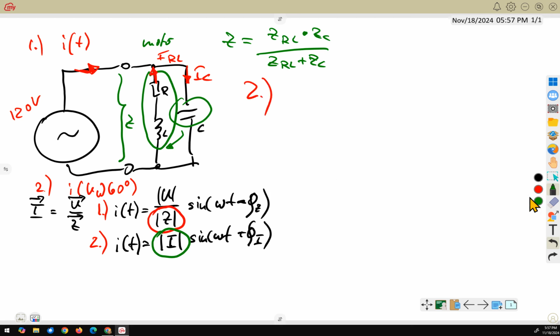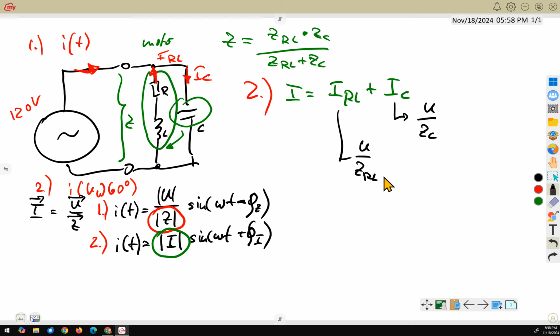We need the total current, which is the current through the RL branch plus the current through the capacitor branch. What is the capacitor current? It's again Ohm's law. It's the voltage divided by the impedance of the capacitor. Similarly in the RL branch, the current is the voltage divided by the impedance of the RL branch. What is the impedance of the capacitor branch?